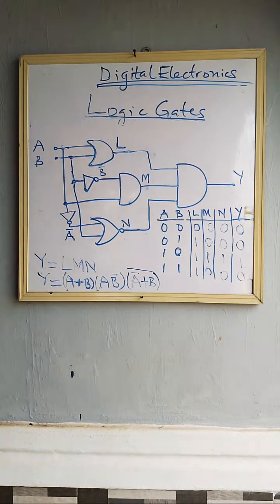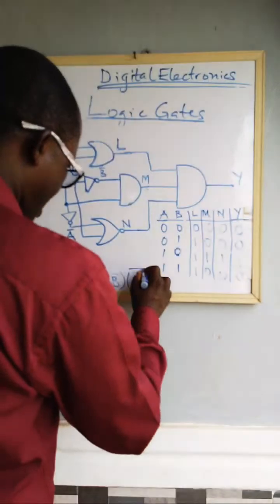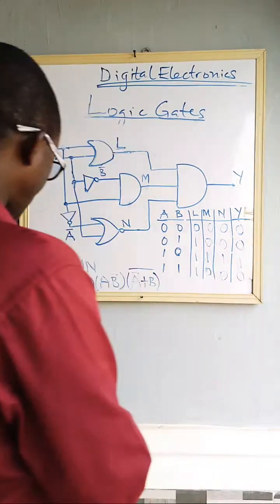Also, one of the simplest ways to simplify is the Karnaugh map. Both Boolean algebra and Karnaugh map will be taken in another lecture, not in this lecture today.